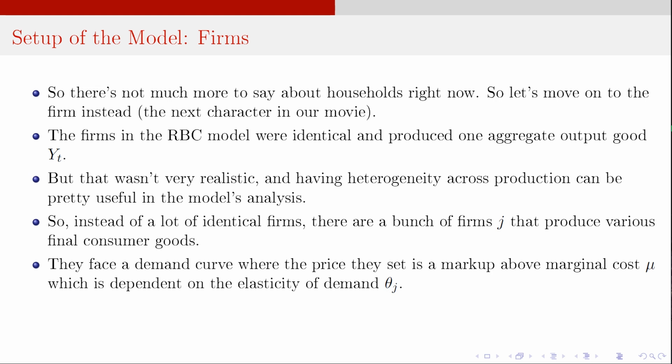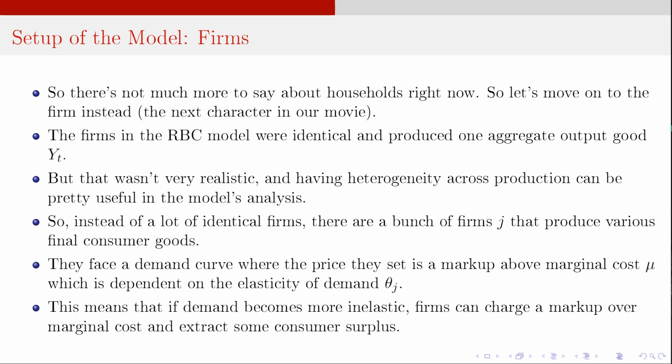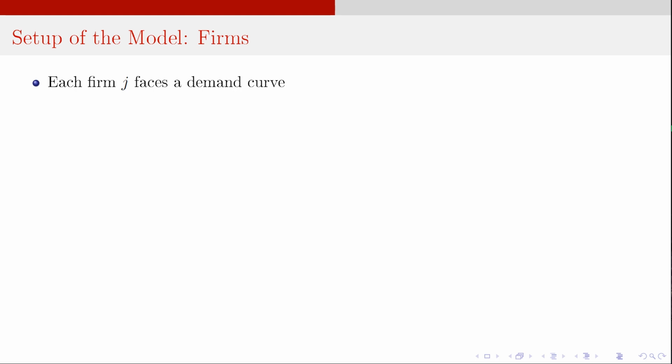It's dependent on the elasticity of demand faced by firm J, which is theta sub J. So if demand becomes more inelastic, firms can charge more of a markup over marginal cost and extract a little bit of consumer surplus, which is good for them, not necessarily great for the consumer. But there is a very fundamental reason why that assumption is built into the model, and it's not just because not every market in the real world is competitive. There's one other reason that it exists.